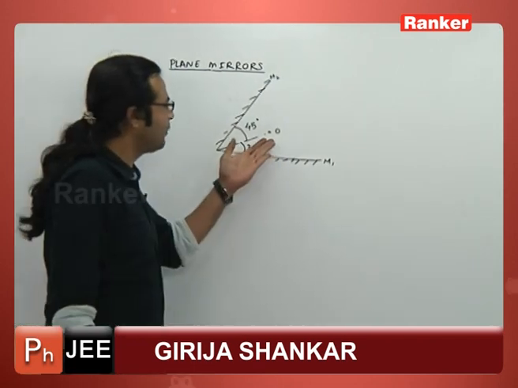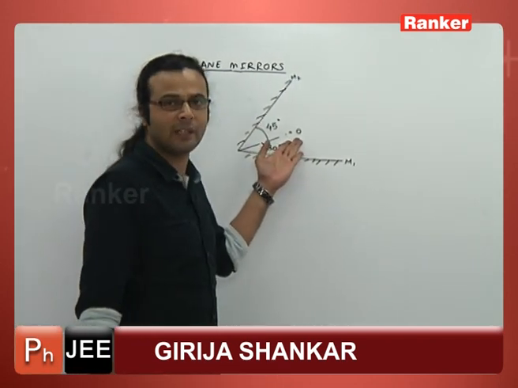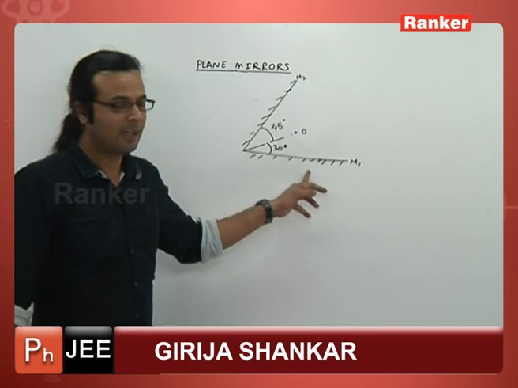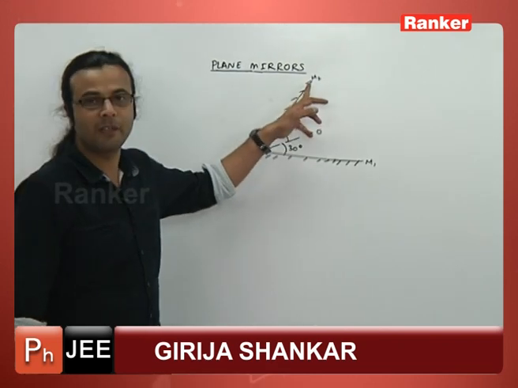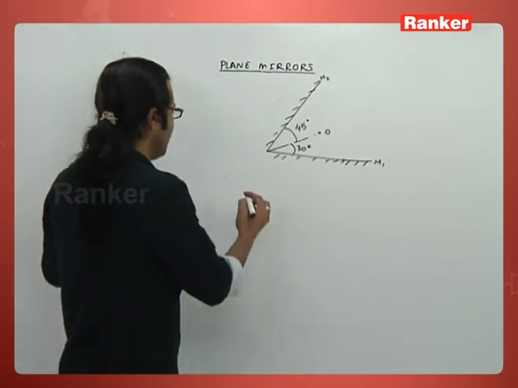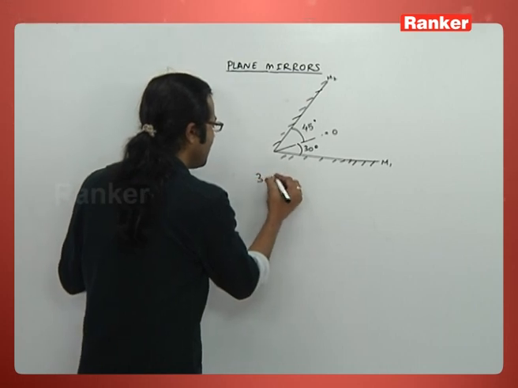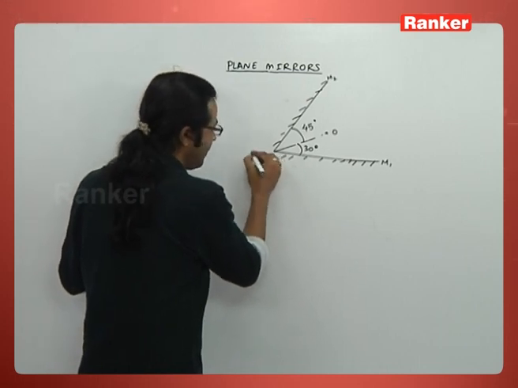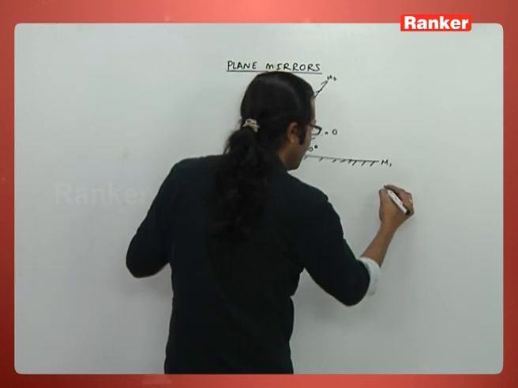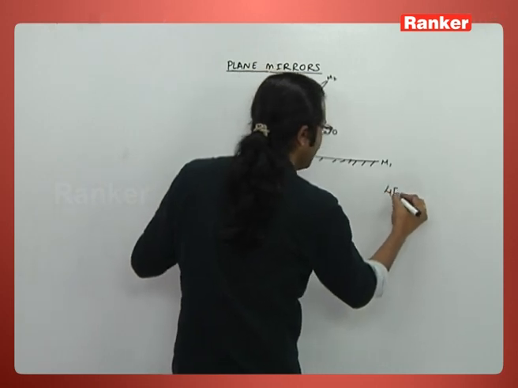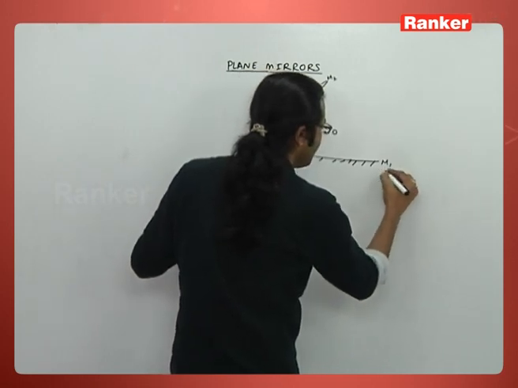If you look carefully, this object is making an angle of 30 degrees with mirror M1 and an angle of 45 degrees with mirror M2. So I write here 30 degrees and on the top M1, and here 45 degrees and M2.